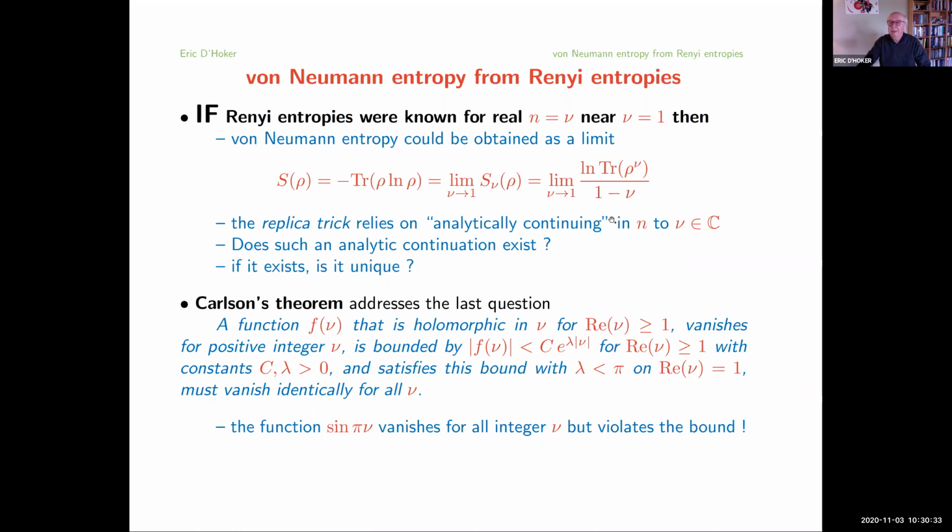You're used to analytic continuations where you know the function in some open set, and then there is a standard method for analytically continuing. So it's not even clear that this analytic continuation from integers actually exists. And if it exists, then the question is: is it unique, or are there several ways of doing this?